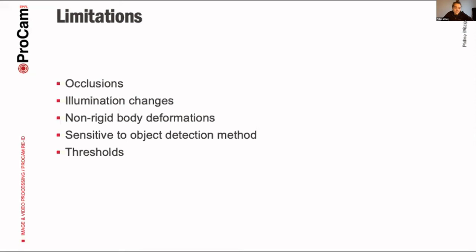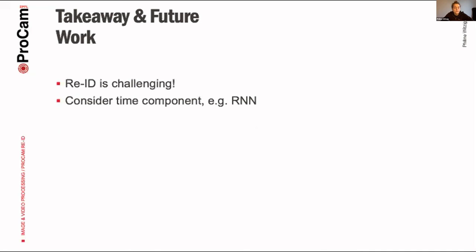So as you can see, you get quite a number of limitations, and some of them actually correspond to the challenges which I mentioned in the introduction. However, I still believe that it is a promising approach which can be further worked on. So my takeaway message from this mini project is for sure that re-identification is challenging, and that one could maybe improve it by taking into account a time component.